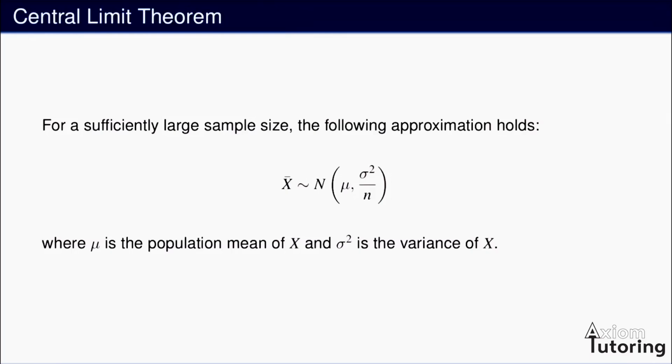Remember that for a normal distribution, the only two parameters that we need in order to fully define the normal distribution is the mean mu, in this case, and the variance, in this case, sigma squared divided by n. Okay? And mu is the population mean of x, and sigma squared is the variance of x.